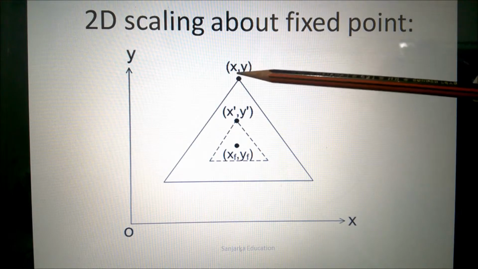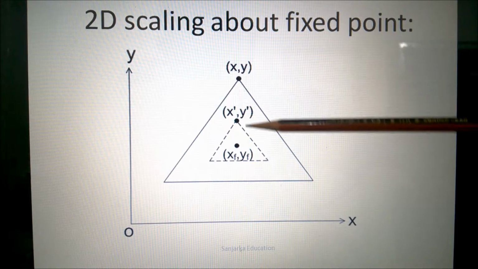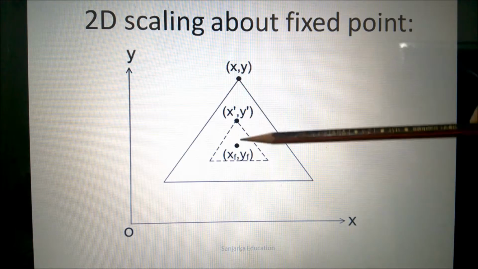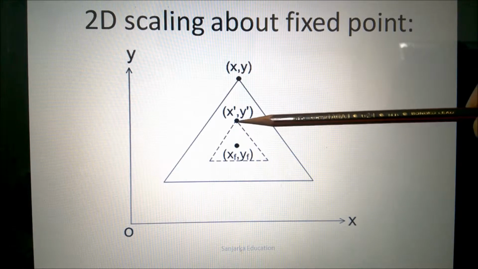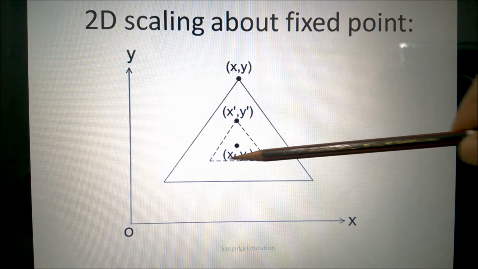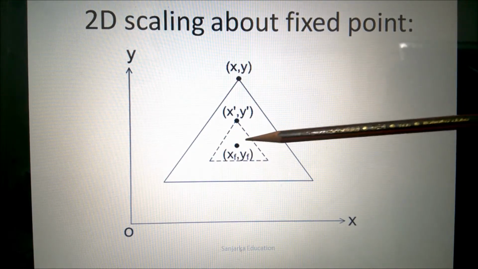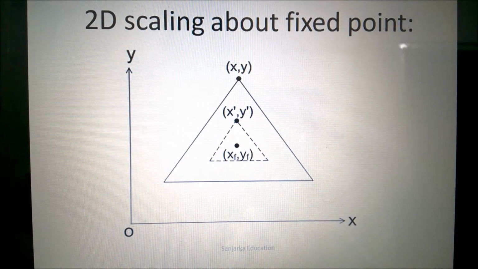I have shown a triangle here with solid lines, and this is the point xf, yf. After scaling, the triangle has become the dashed one, its size has been reduced, but this point remained at its original position. That is the meaning of two-dimensional scaling about a fixed point.